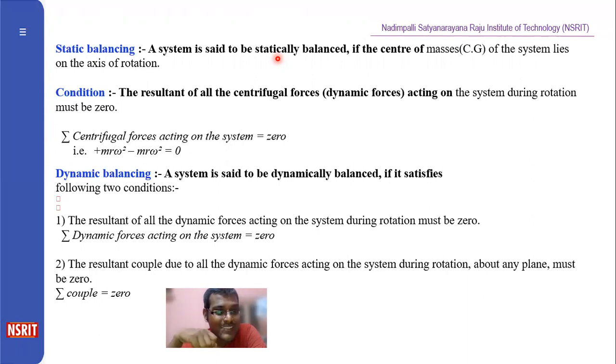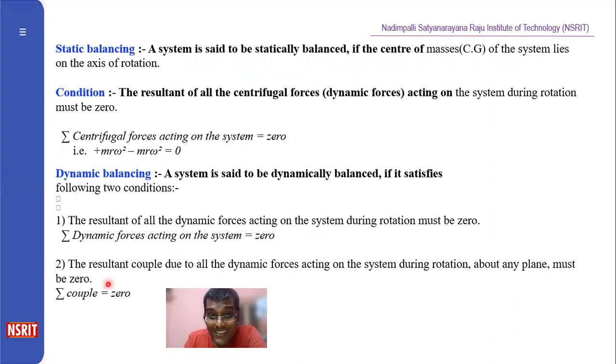Coming to dynamic balancing, the system is said to be dynamically balanced if it satisfies the following two conditions. Condition one: the resultant of all the dynamic forces acting on the system during rotation must be zero, that is, the summation of dynamic forces is equal to zero.